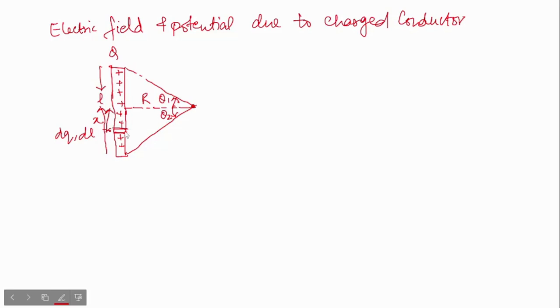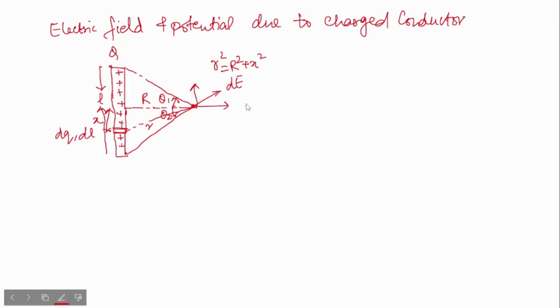Now if we join this, then according to Pythagoras theorem, suppose this is a small r, then small r squared is equal to capital R squared plus x squared. The electric field due to this element dq will be in this direction, say dE, and it will have two components.